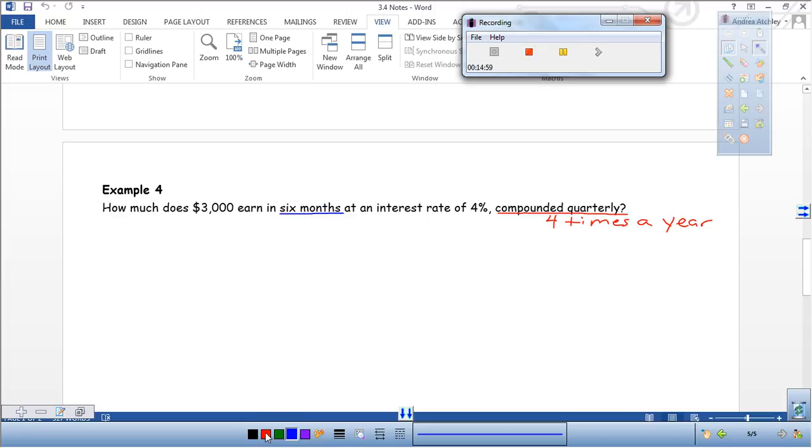Since it's compounded 4 times a year, my t equals 0.25. Since I'm doing this for 6 months, there's going to be 2 interests, and you do the formula 2 times.